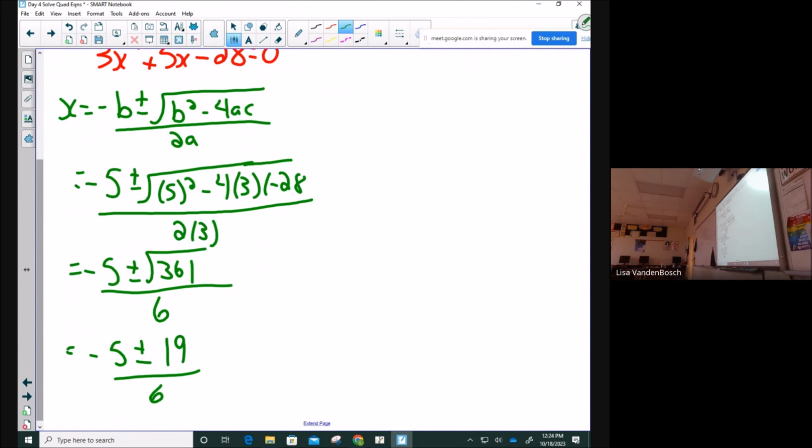You have to do negative 5 plus 19 divided by 6 and negative 5 minus 19 divided by 6, because otherwise you're just dividing the 19.